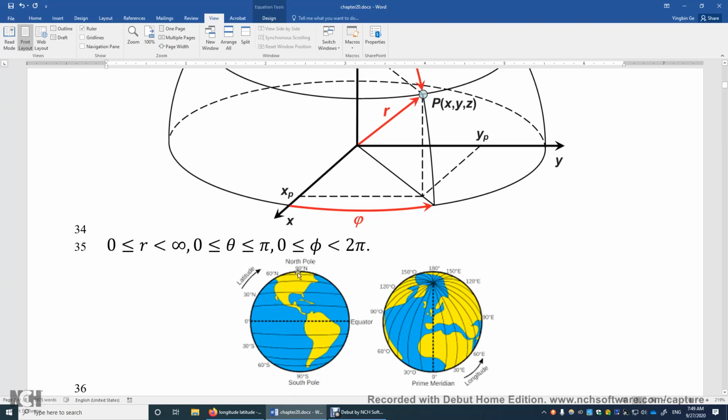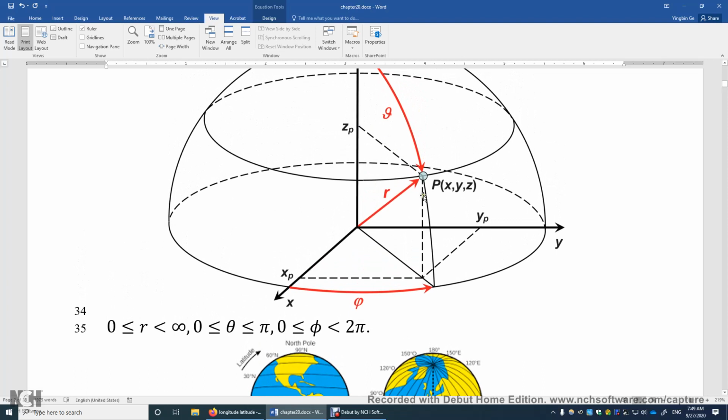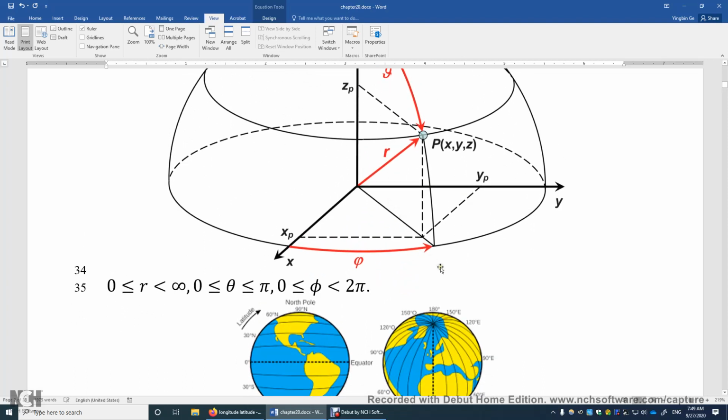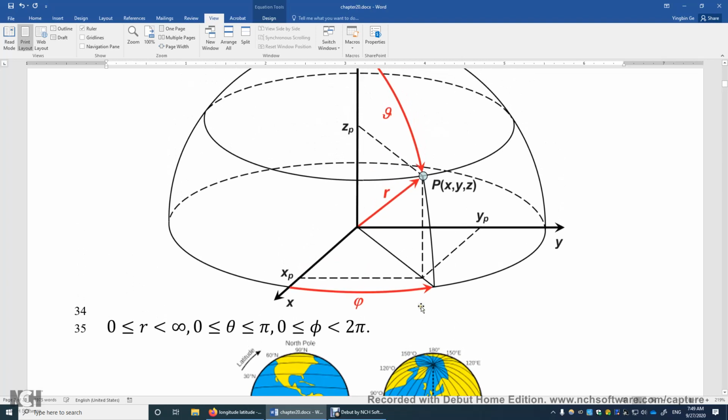So it's more like from positive 90 degrees to negative 90 degrees. In quantum mechanics, we often use 0 to 180 degrees. Now this is longitude of Earth. Usually it's between west 180 degrees to 0 and then to east 180 degrees. But in quantum mechanics, we simply just say, well, this phi is between 0 and 2 pi, or 360 degrees.